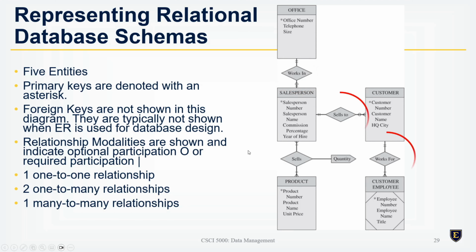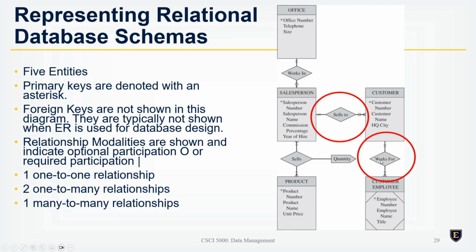We have two, in this case, one-to-many relationships. We have a salesperson sells to many customers, optionally, because a salesperson might be new and they may not have made a sale yet. And a customer is sold to by a single salesperson, and they're required to have a salesperson because otherwise they would not have purchased anything.